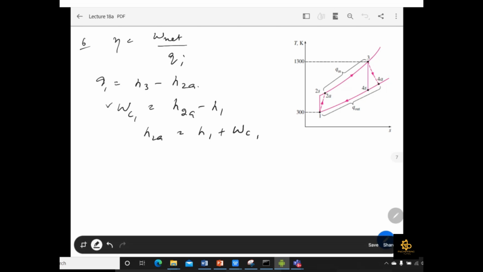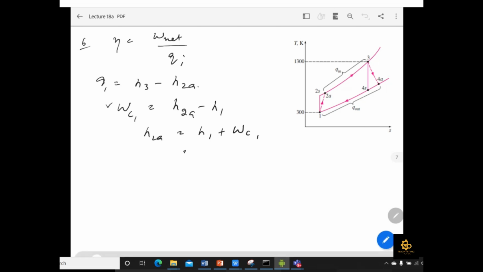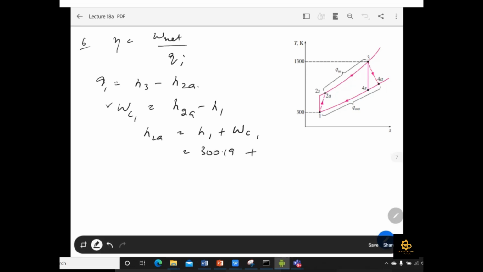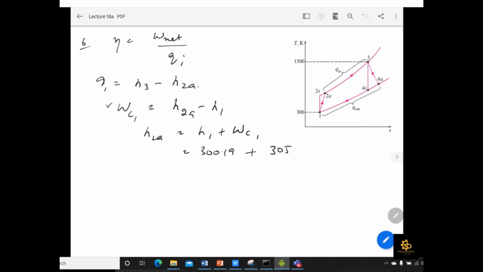Now we put in the values: 300.19 for H1, taken from your previous example 9-5, and the compressor work in from part A, which is 305.2. H2A will be 605.39 kilojoule per kg.